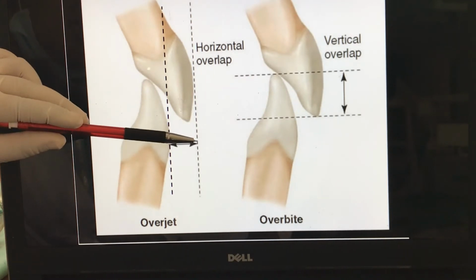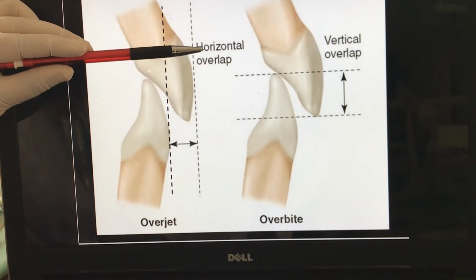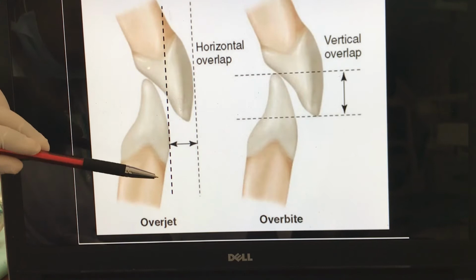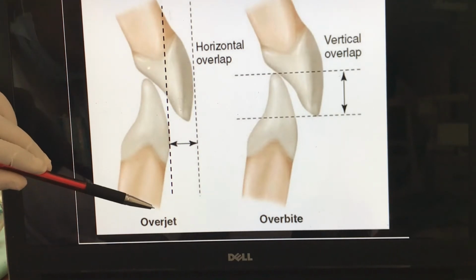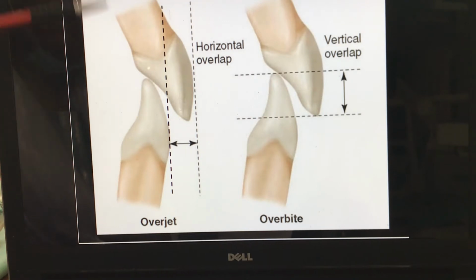This is in the horizontal plane. So this distance we call horizontal overlap or overjet. Since we are doing class 1 teeth arrangement, the normal overjet will be 2 to 3 mm.